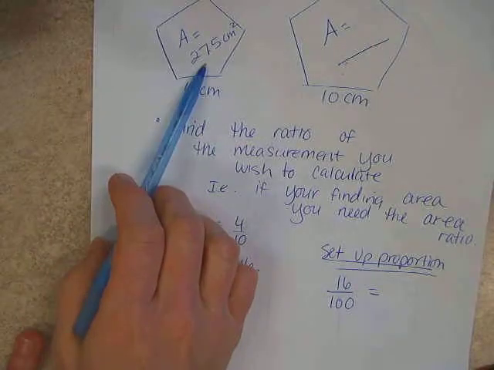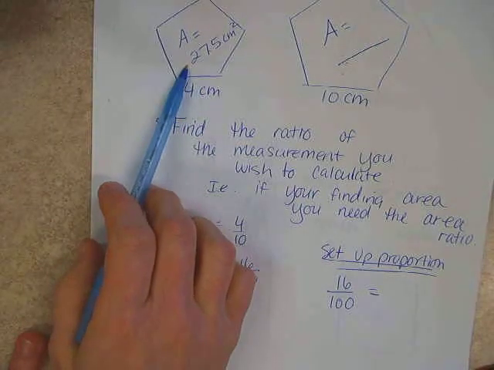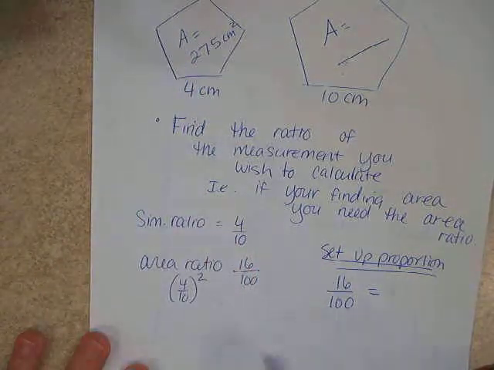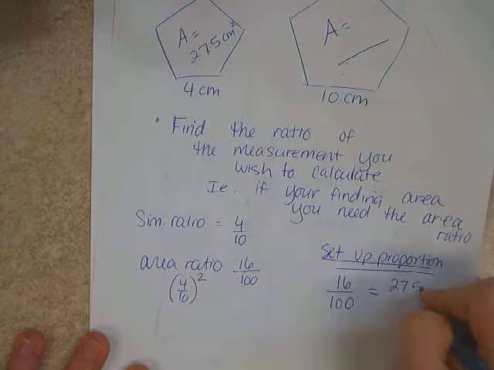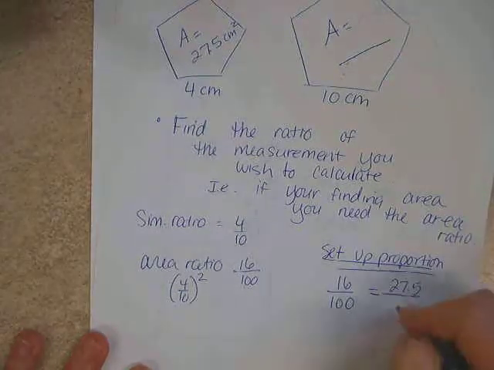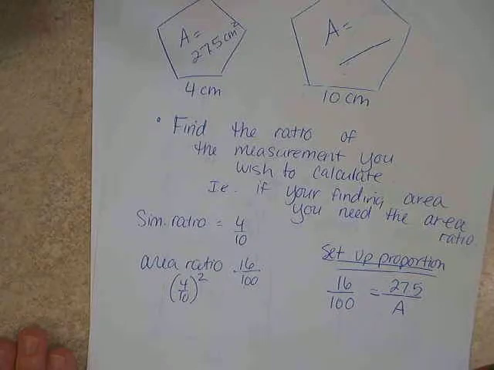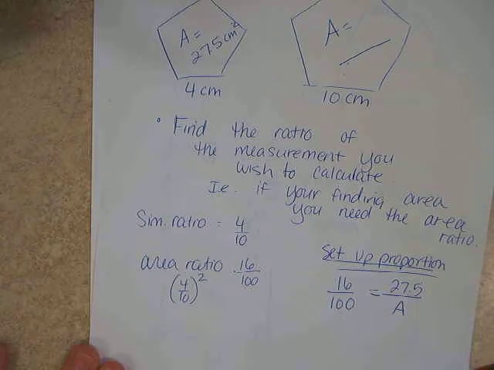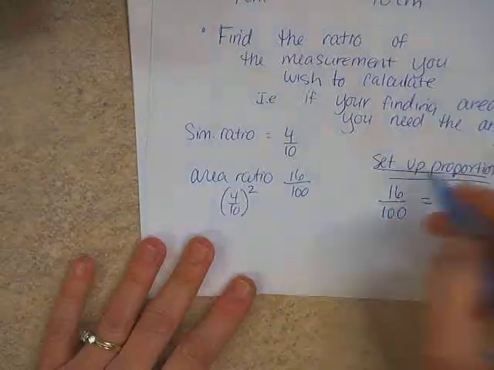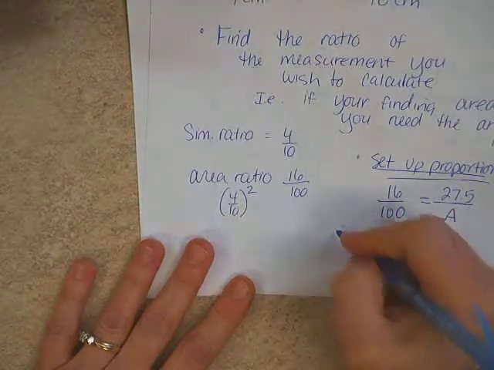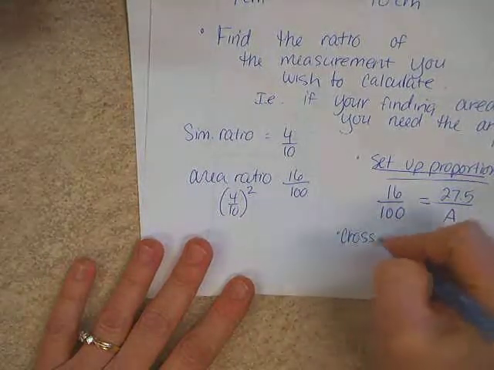So if my area ratio is 16 to 100, clearly the smaller area should be on top, right? Then I'm going to finish my proportion and I'm going to take the smaller area, 27.5, and set it on the top with your variable on the bottom.